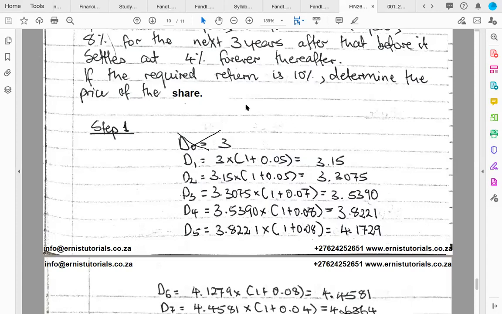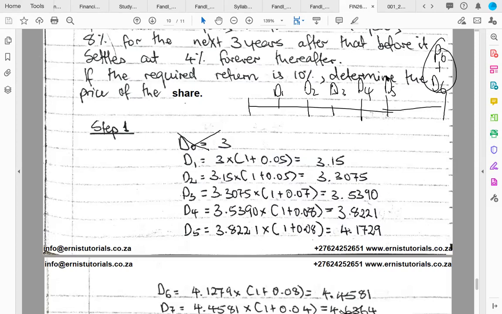So in other words, what we're doing here, like what I told you right at the beginning, we're simply taking D1, D2, D3, D4, D5, D6, and P6. These are all future expected dividends and the price we anticipate we can sell the share at after year 6.